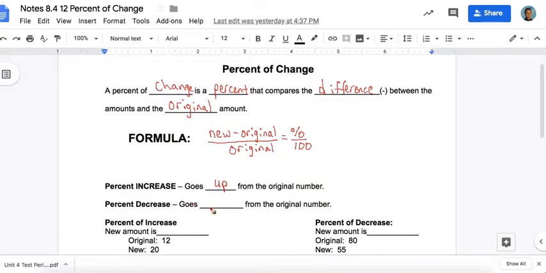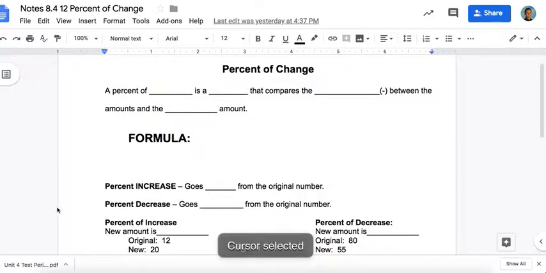And then we have percent decrease, goes down from the original number. So this could be a discount, would be a percent decrease. Okay, so we're going to calculate a percent increase and a percent decrease.